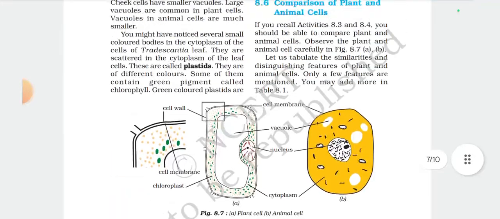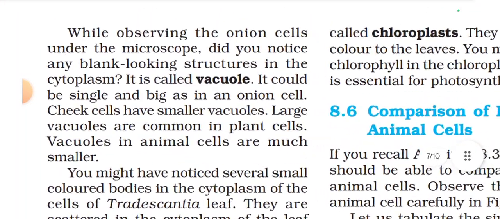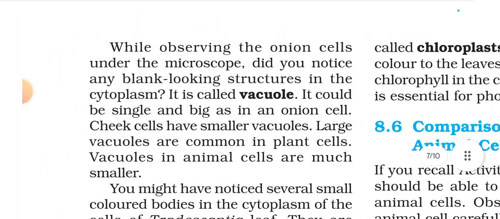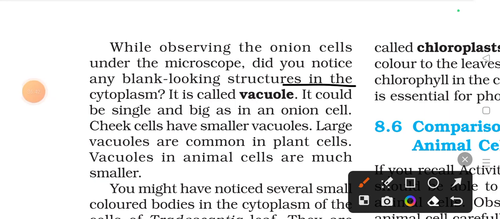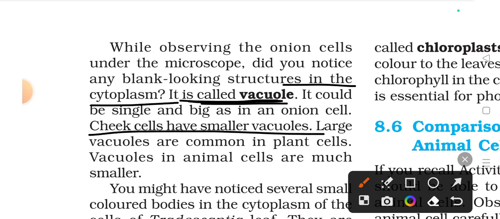So next page. While observing onion cells under the microscope, did you notice the blank-looking structure in the cytoplasm? It is called a vacuole. It could be single and big in an onion cell. Cheek cells have smaller vacuoles.